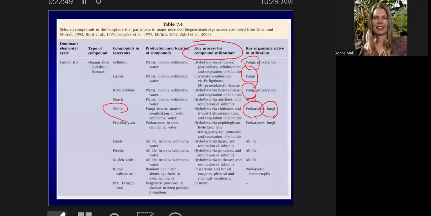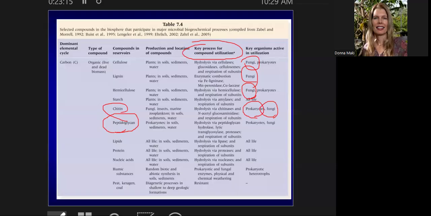So peptidoglycan, for those of you who have taken general microbiology, you know that that's the word for the cell wall of bacteria. So many bacteria have cell walls made out of peptidoglycan. Not all. The organisms that belong in the domain Archaea are a little different. They don't do peptidoglycan, but they still have their own version of a cell wall.